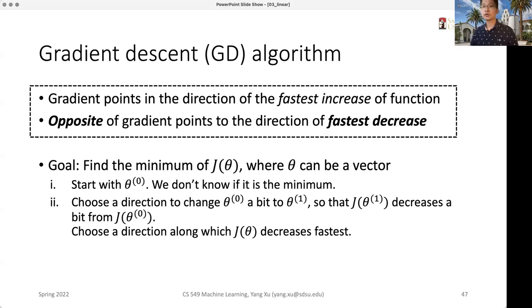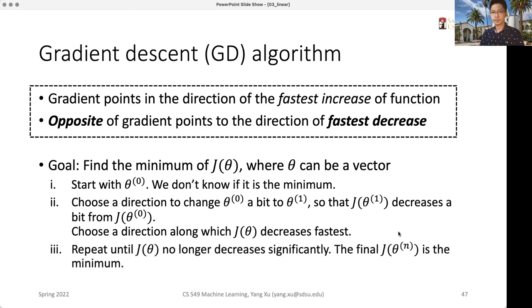But in order to do it efficiently, we want to choose a direction along which the cost function will decrease the fastest. Okay, and we will repeat this step until the cost function no longer decreases. Okay, and the final cost function value will be the minimum value that we claim to find. That is basically what the gradient descent algorithm is about.